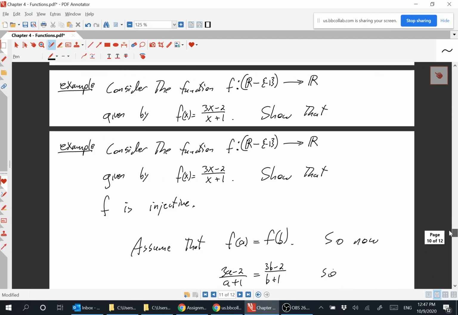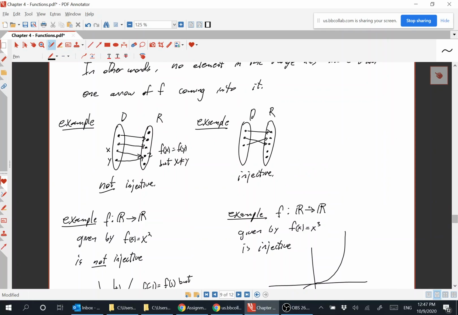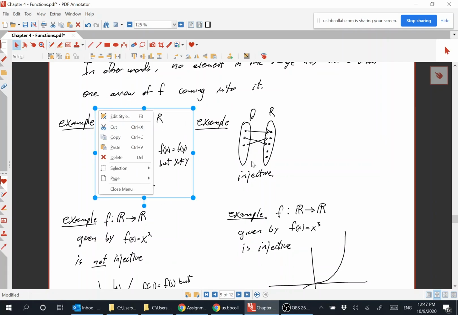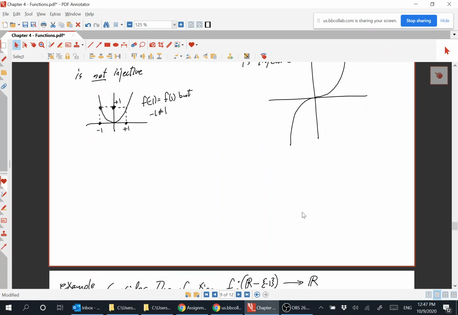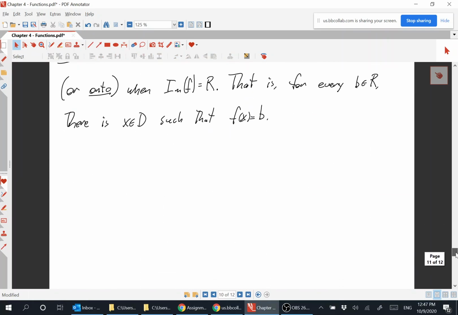So in these pictures up here that I was drawing, such a function like this is not surjective because there are range elements that don't have arrows coming into them. So here's a domain, here's a range.